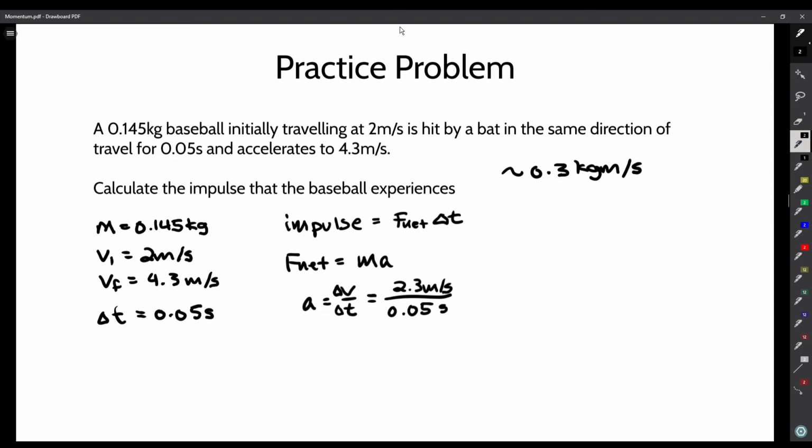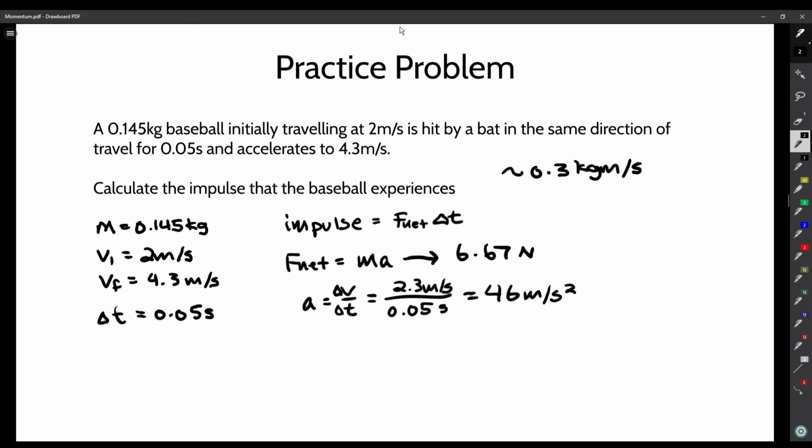If you punch that into your calculator, you would see that we would get an answer of 46 meters per second squared. Now we know that, let's multiply it by our mass, which is 0.145 kilograms, giving us the F net of 6.67 newtons.